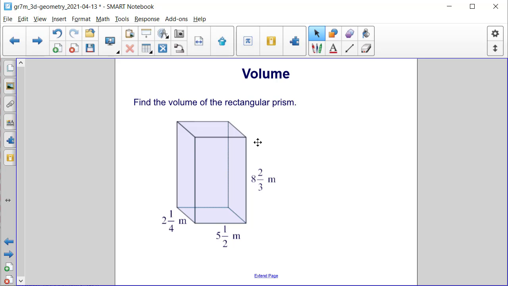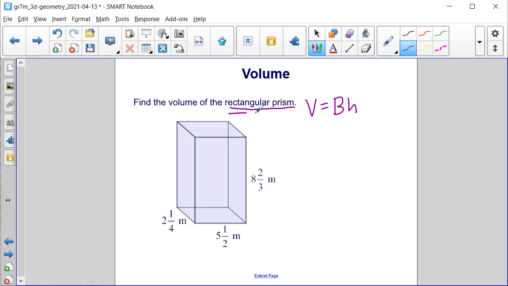Find the volume of the rectangular prism. Well, we know that in order to find the volume of any prism, we can use the formula V is equal to capital B times H, where capital B stands for the area of the base. And since we have a rectangular prism, a rectangle is our base.